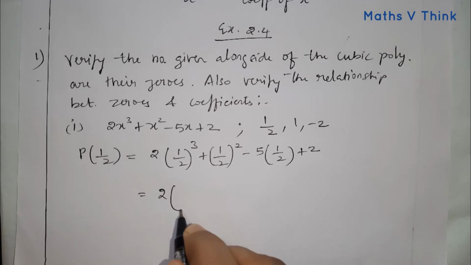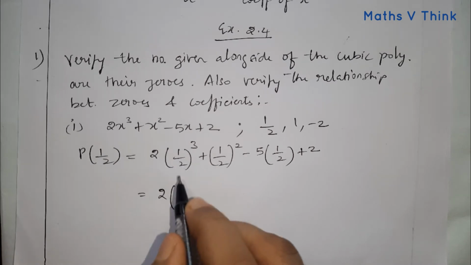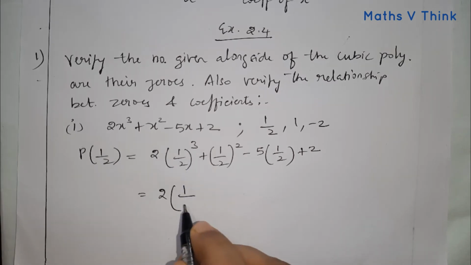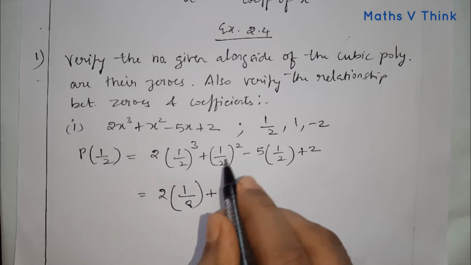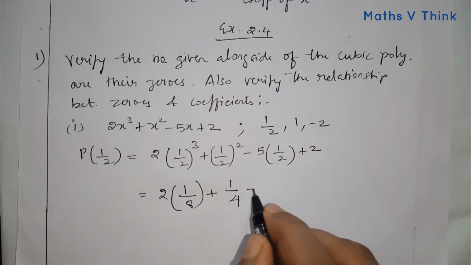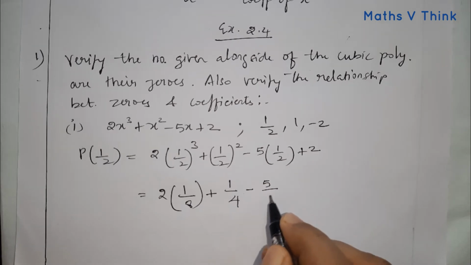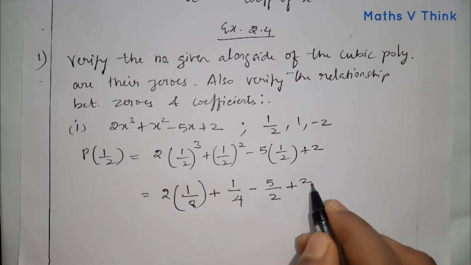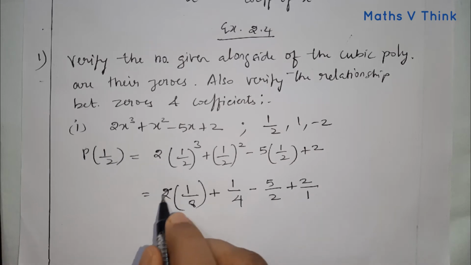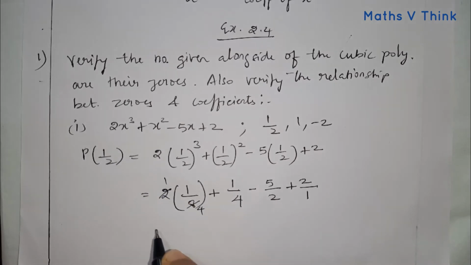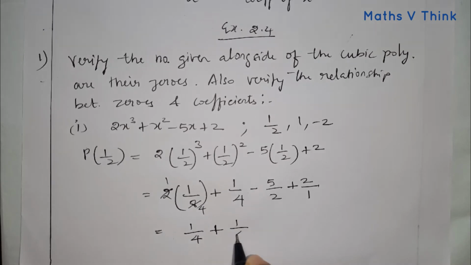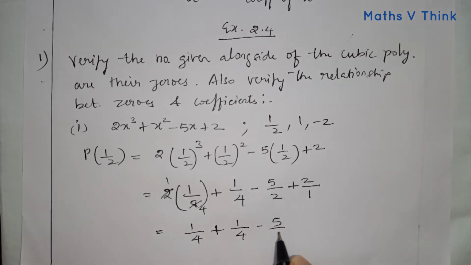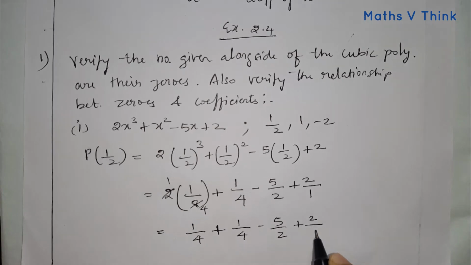So 2 into 1 by 2 the whole cube is what? 1 cube is 1, 2 cube is 8. Same way, plus 1 square is 1 and 2 square is 4, minus 5 by 2 and plus 2. So put by 1. Now 2 ones are 2, 2 fours are 8. So 1 by 4 plus 1 by 4 minus 5 by 2 plus 2 by 1.